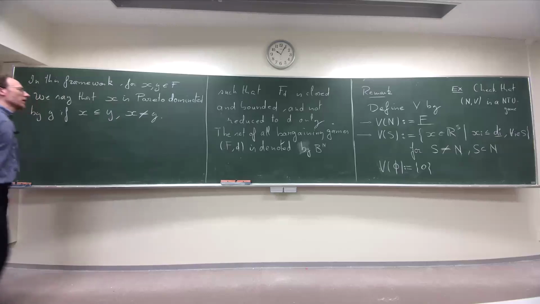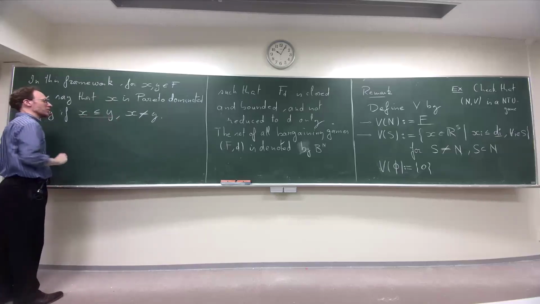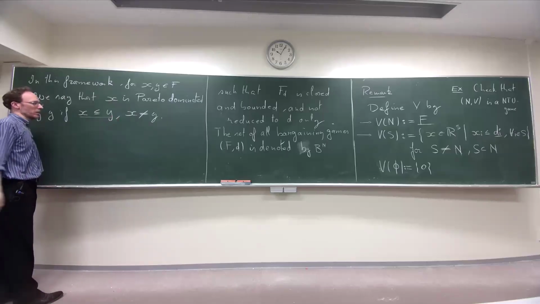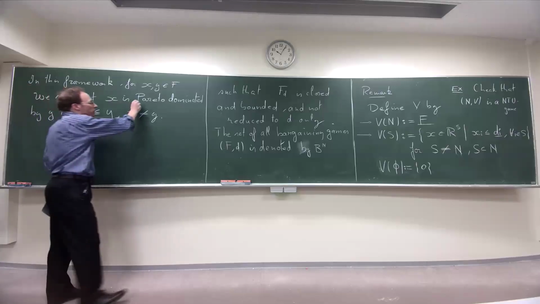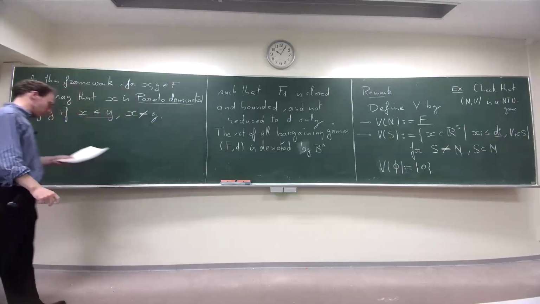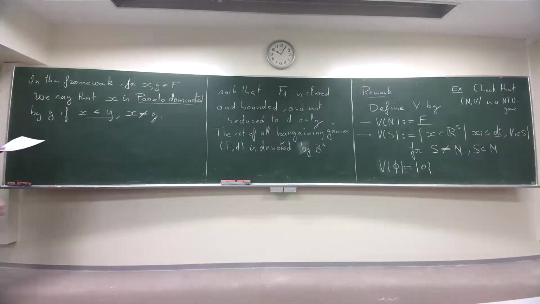So there is nothing special. It's the order mentioned before, with the assumption that x is not y. For some historical reason, it's called Pareto dominated.